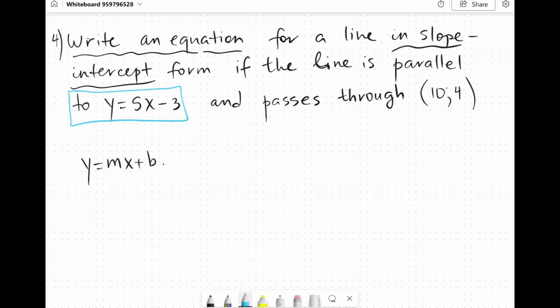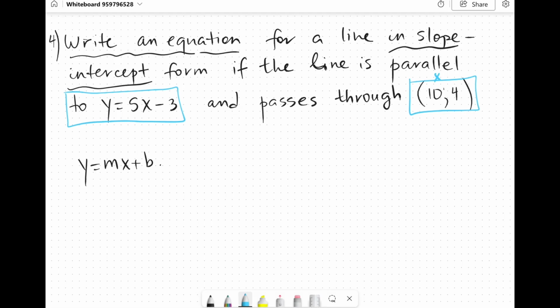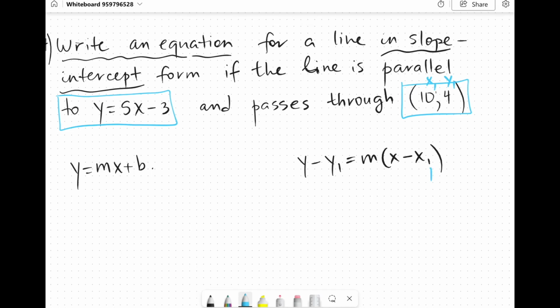And our line also passes through this point with coordinates 10, 4. Well, 2 useful pieces of information are given to us. We have a point, which is nice. That's our x1 and y1. So that's good to use in y minus y1 equals m(x minus x1) form. So our x1 here will be a 10, and our y1 here will be a 4.